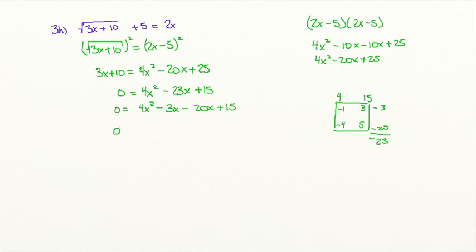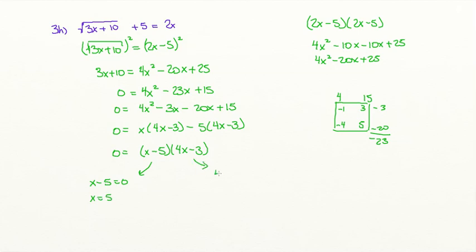Okay, let's factor this. Careful with your signs. So x minus 5 can equal 0, so x equals 5. Or x minus 3. Let's just quickly do the restrictions.